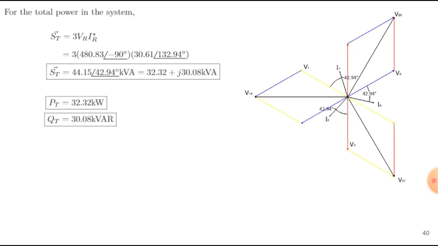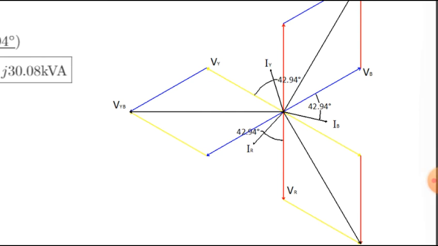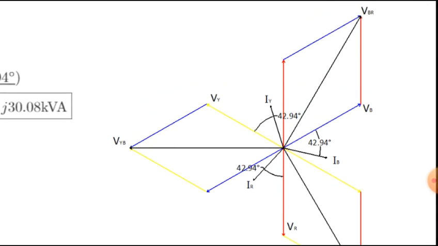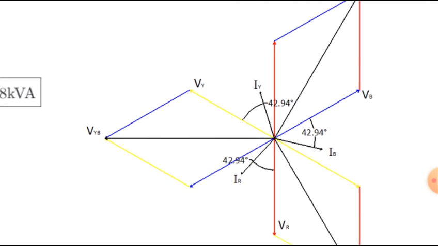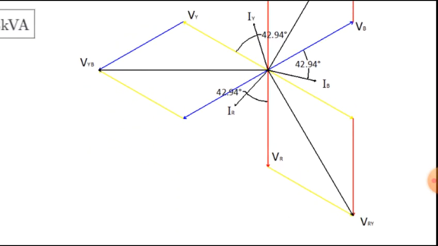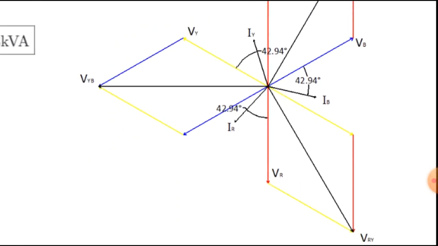And if you look at the phasor diagram, there's no angle zero here: VBR, VRY, VR and IR. So what's the angle between VR and IR? That's 42.94. So our theta here is 42.94.